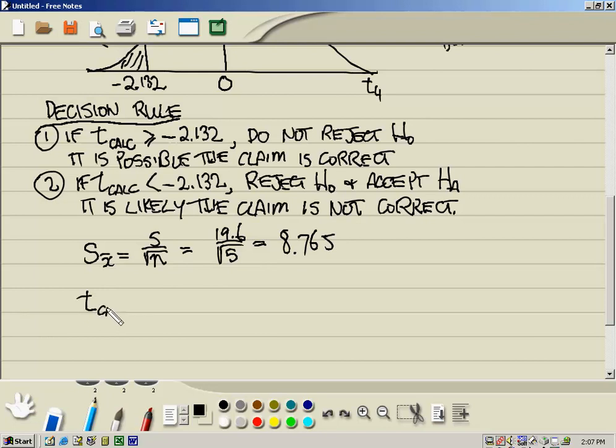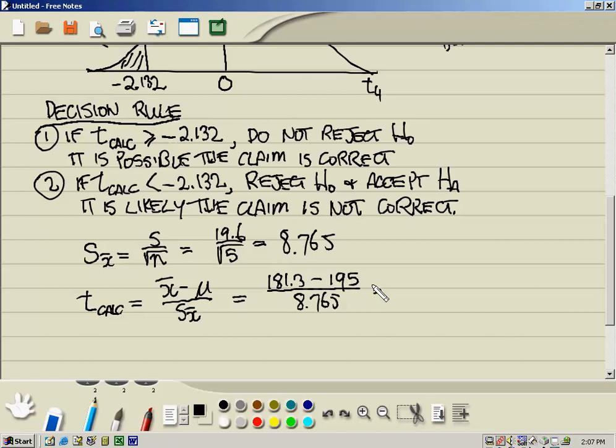And then the t-calc, which is x bar minus mu divided by S of x bar: 181.3 minus mu, the value from the null hypothesis, the claimed value of 195, divided by the standard deviation 8.765.